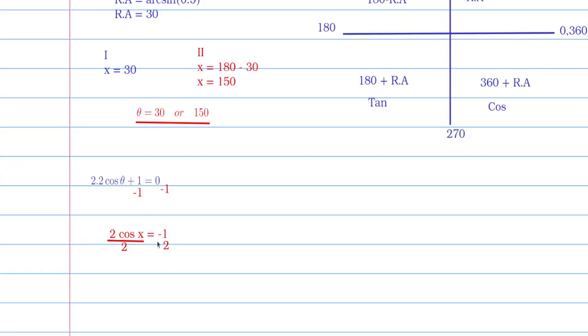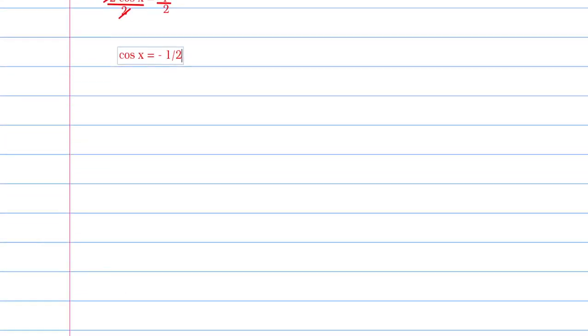And then what we notice is that the 2's cancel out on this side, and you are left with cosine theta equal to negative 1 over 2.